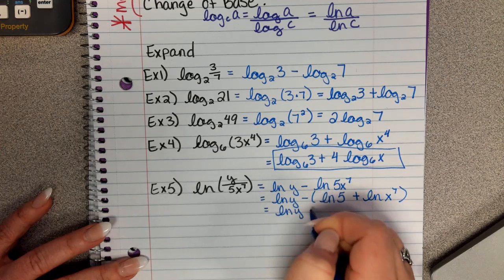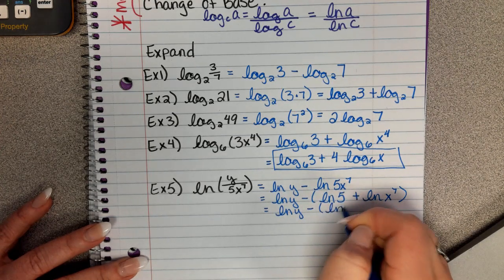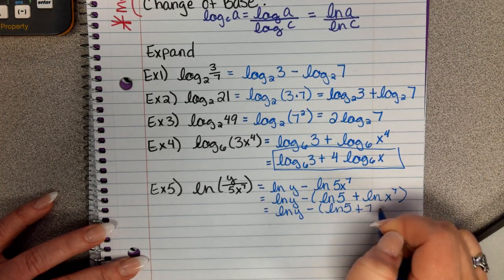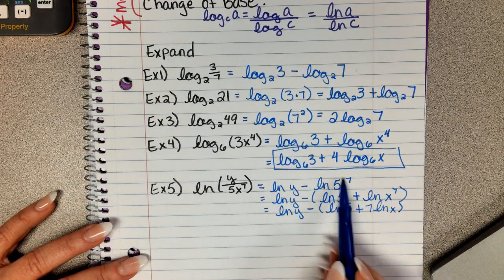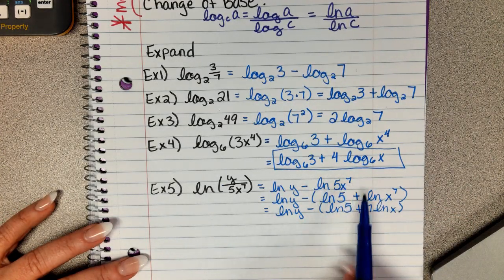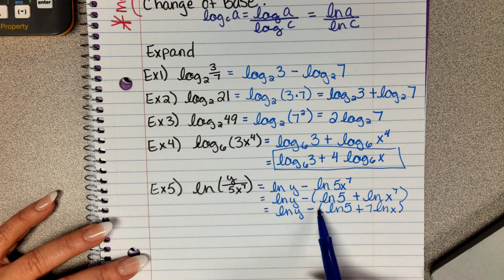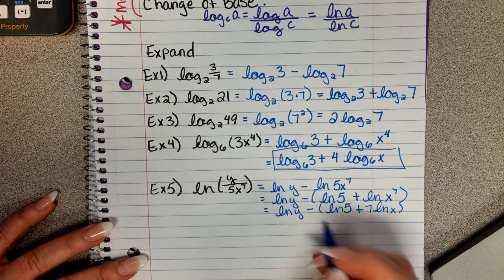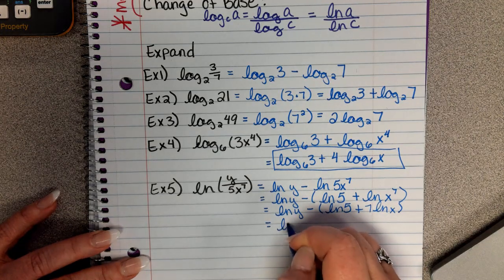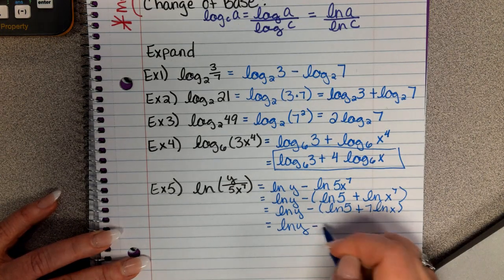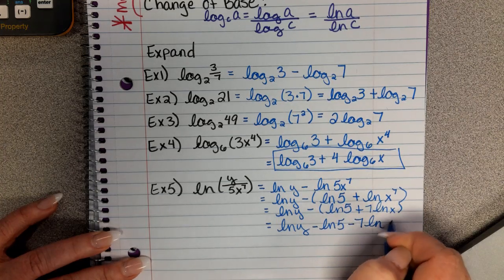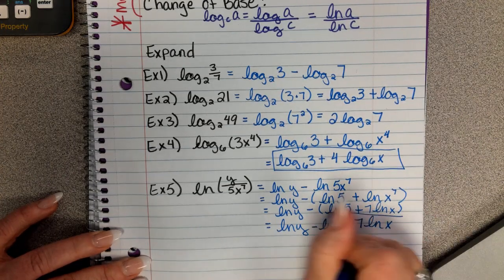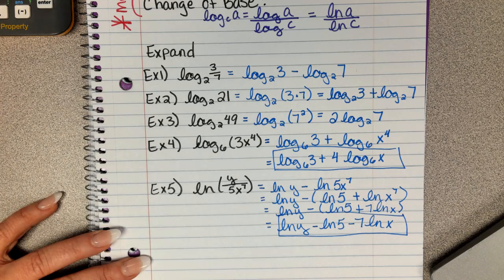So I have the natural log of y minus the natural log of 5 plus 7 natural log of x. Notice that I kept these together because it was the subtraction of all of this. Now at the very end, I want to distribute that negative all the way through so that I don't have any parentheses in my final answer. So my final answer would be the natural log of y minus the natural log of 5 minus 7 natural log of x. And that would be my full expansion.